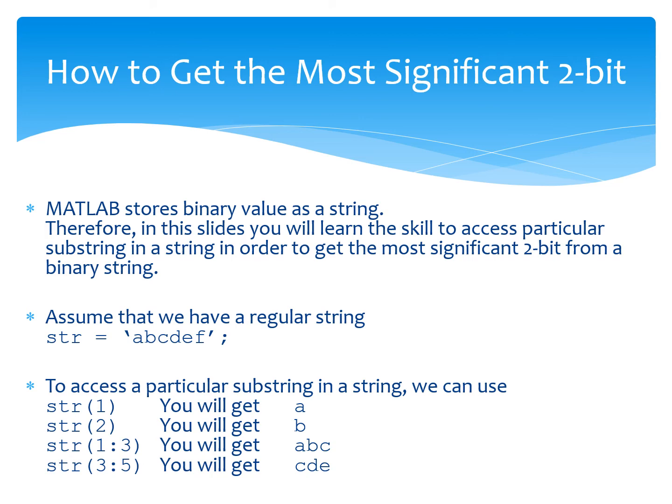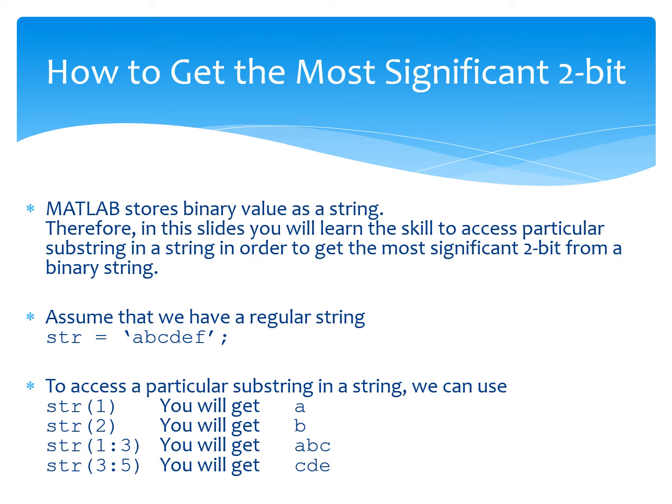Assume that we have a regular string. For example, a string variable str is assigned with a string constant, A, B, C, D, E, F. To access a particular substring from a string, we can use str with a parenthesis and 1.